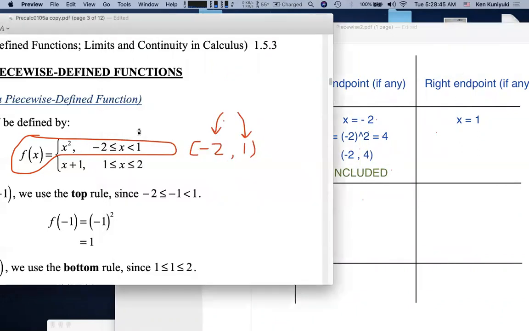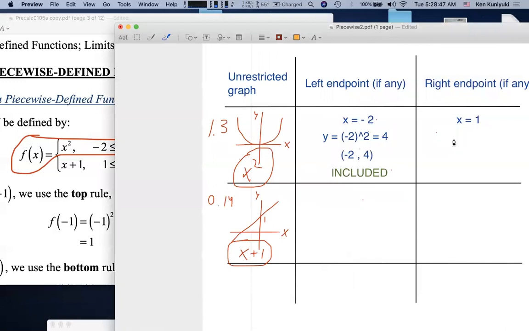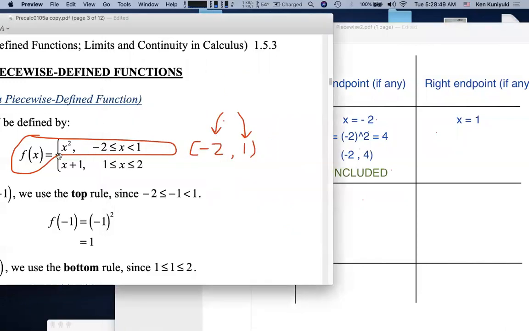The right endpoint of the subdomain is at x equals 1. So we're going to plug in 1 for x. Now hold on. Some of you might be saying, 1 is not technically in the subdomain here. Good point. Literally, good point. But here's the thing. Let's plug in x equals 1 anyway.